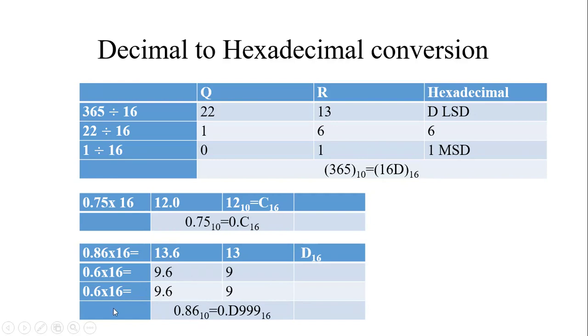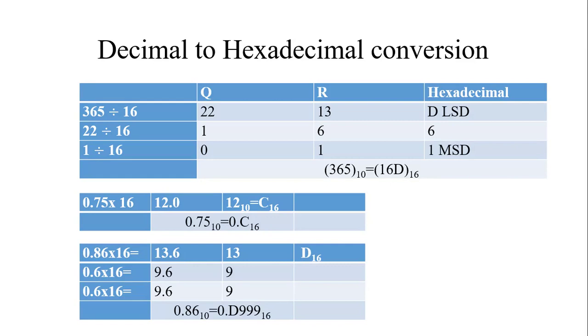If you continue, it will go 13, 9, 9, 9, or D, 9, 9, 9. So the conversion of 0.86 decimal is equivalent to 0.D999. Thank you very much.